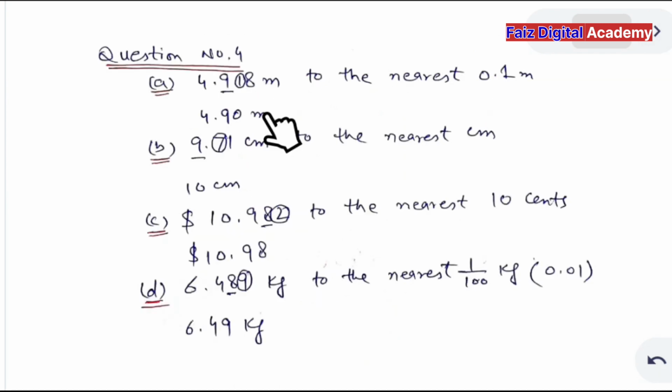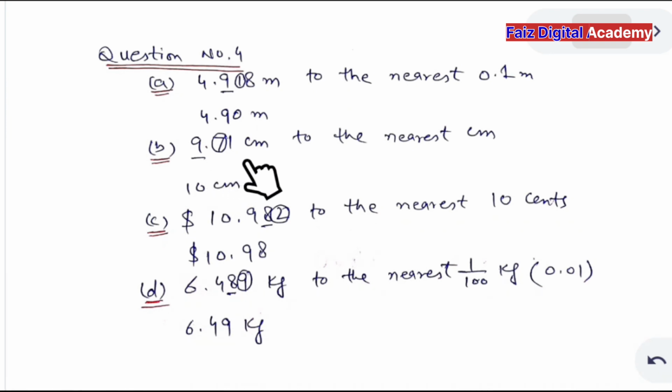In question number 4, the first part, we have to write it to the nearest 0.1 meter. So 0.1 means we write only 1 decimal, and this first number is decided on the second number. 1 is smaller than 5, so 4.90 meter.